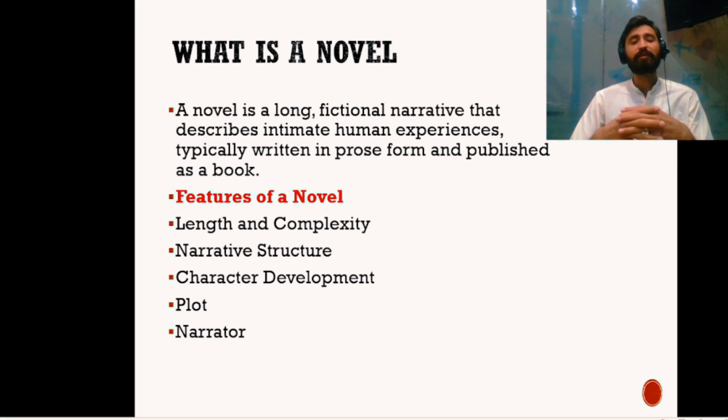And there's the element of plot, which is the series of events arranged in a particular sequence, and that is actually the role of a writer. But when it comes to a movie, it's the role of a director. And then there is a narrator, either a first person, second person, or third person narrator.